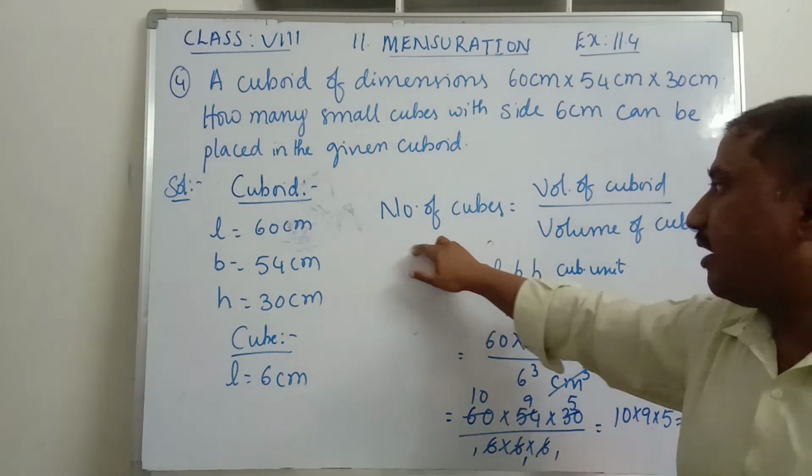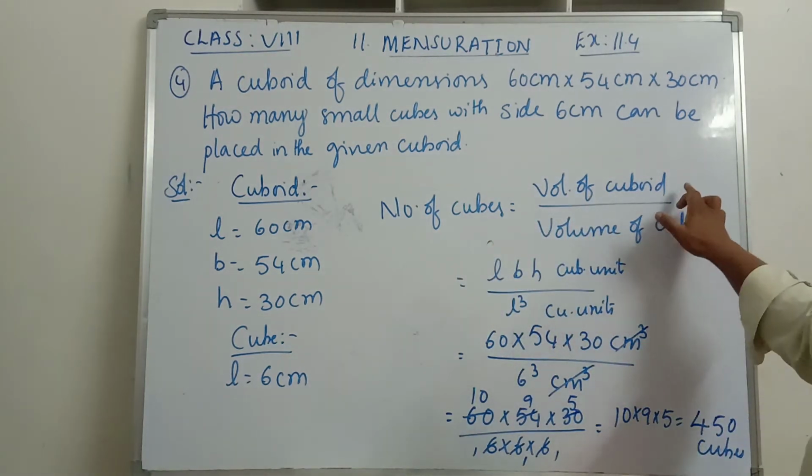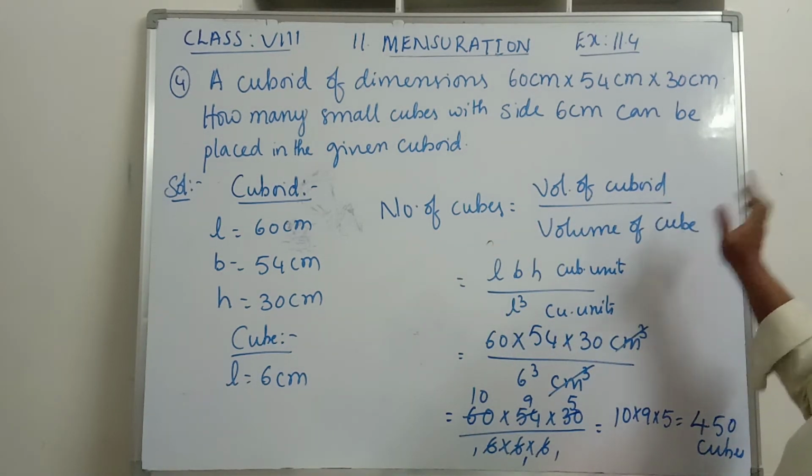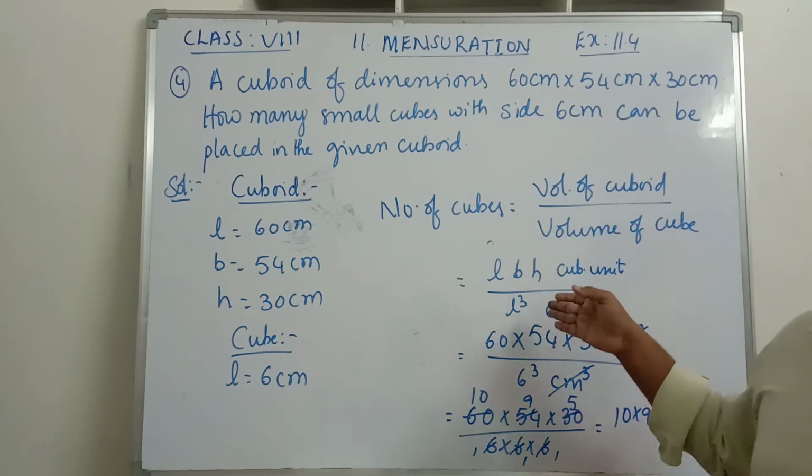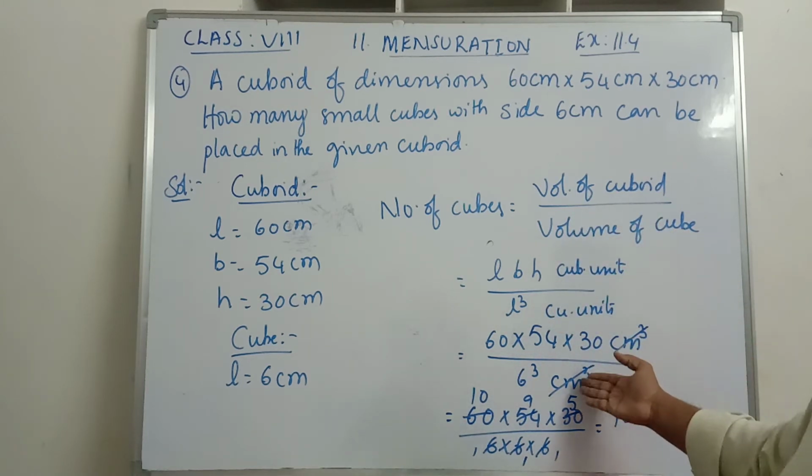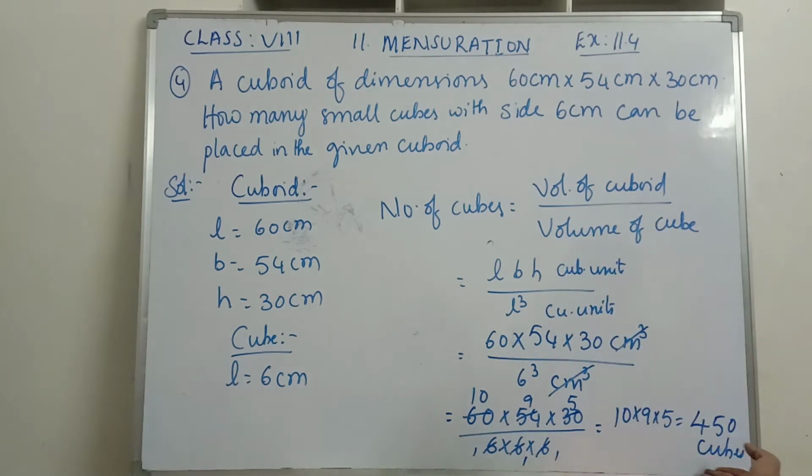That's why number of cubes is equal to volume of the cuboid divided by volume of cube. Write their formulas, substitute the given values, simplify, and we'll get the result as 450 cubes can be placed inside the given cuboid. So finally you can write the result as, therefore 450 cubes can be placed in the given cuboid.